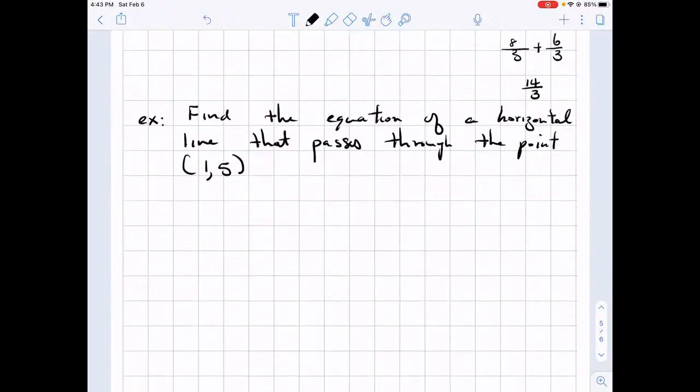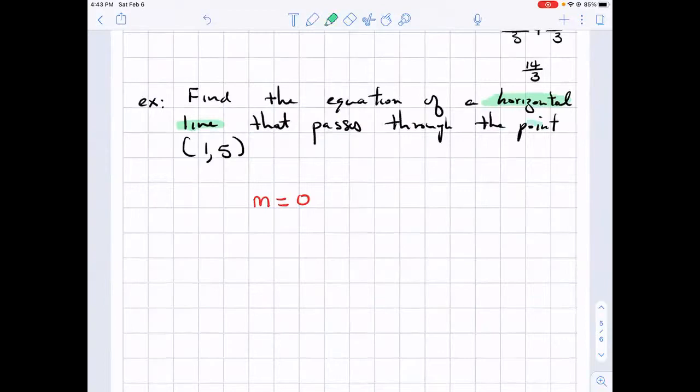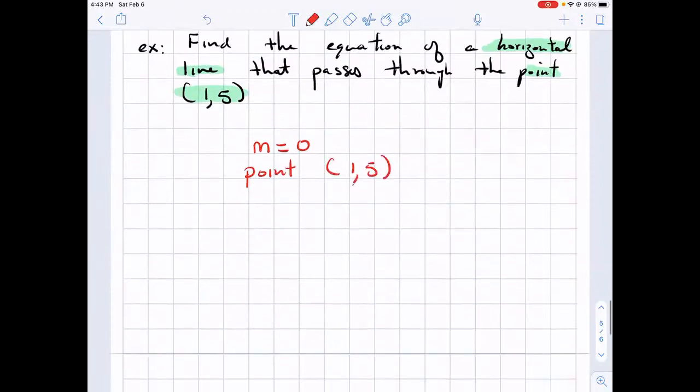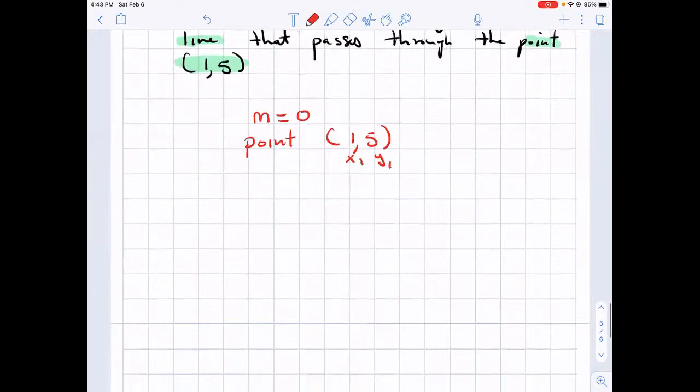Okay. So you will notice that the slope is sort of given here. It's a horizontal line. So if it's a horizontal line, we have established before that m is equal to 0. And also, a point is given as 1, 5. So here is x1, here is y1.